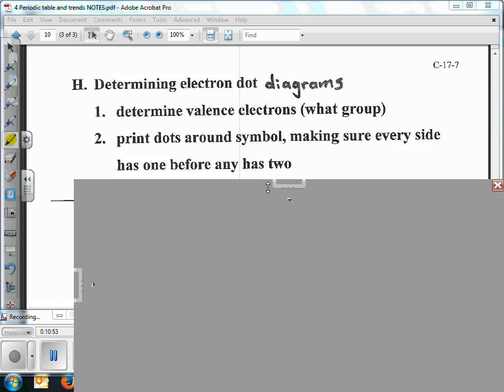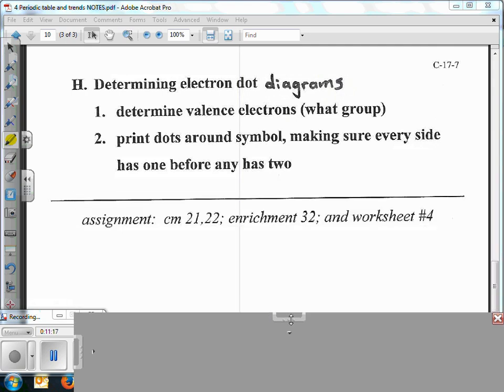Now I'm going to make a little change on this rule. This rule says making sure every side has 1 before any has 2, but the new rule is the right side has 2 first, and then all the other sides get 1 before they have 2. Okay? So I'll show you how to do that after you write that down.